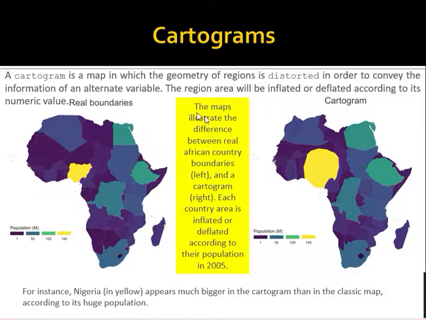A cartogram is a map in which the geometry of regions is distorted in order to convey the information of another variable. The second variable we choose is population, but this is the original variable, that is the size of the country in terms of area. So, these are the different types of diagrams with which we can represent data. Thank you.